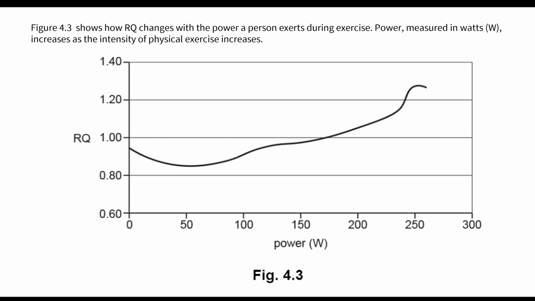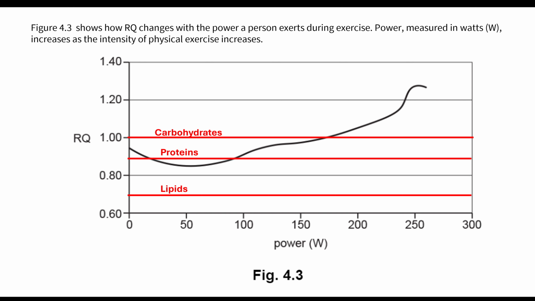The other way they could do it is they could give you a picture that looks like this, telling you that you have a person who is doing some exercise, and it's looking at the change of the power exerted by that person during the exercise. So the first thing I would say when you get a question like this is, figure out where your carbohydrates, proteins and lipids are.